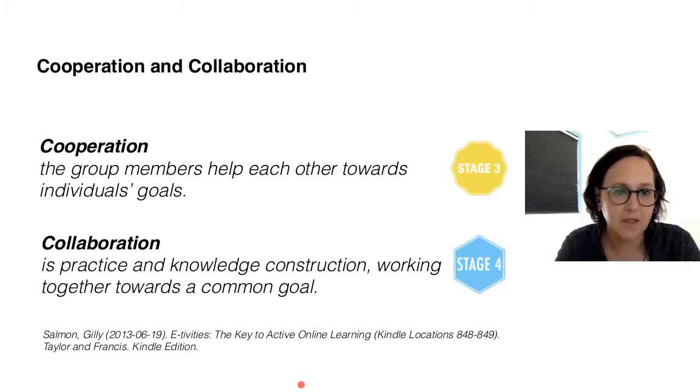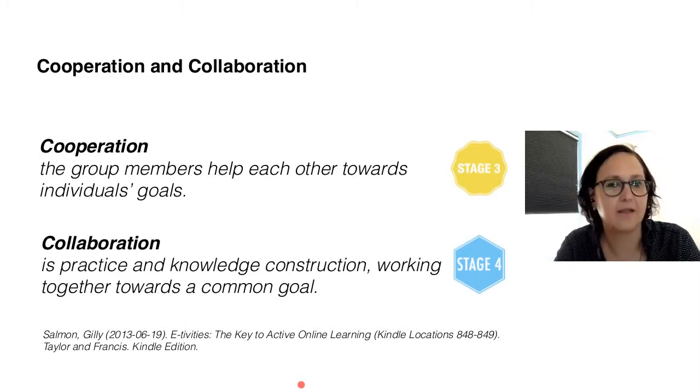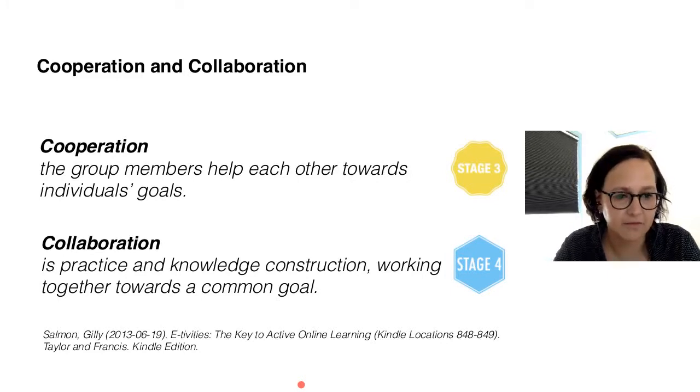Now, for the model, that's for later actually, cooperation happens on stage 3, essentially, maybe already earlier, and collaboration actually is meant for the very complex stage 4, where everything can happen. It's a very constructivist way of looking at learning.